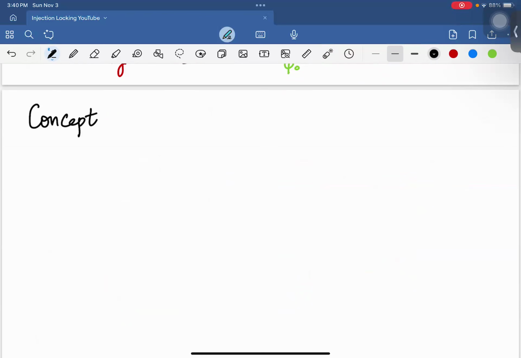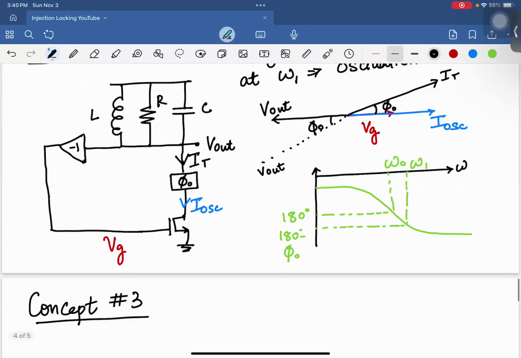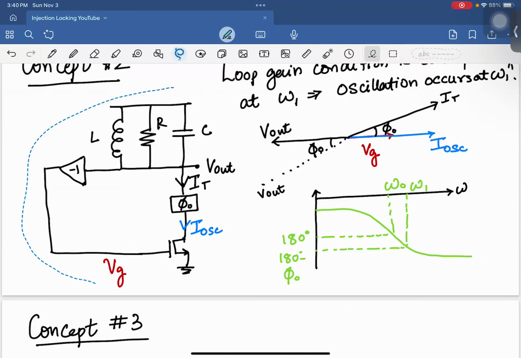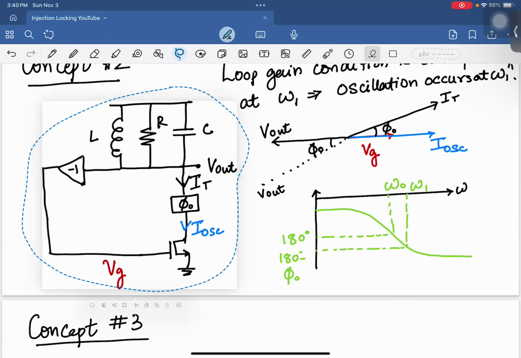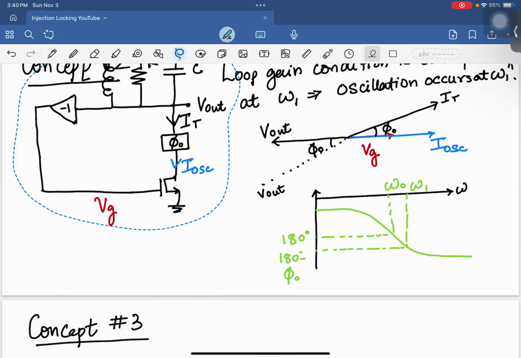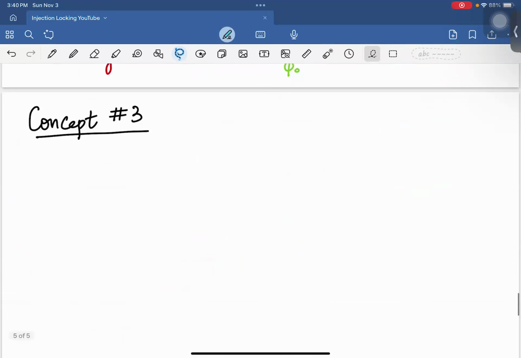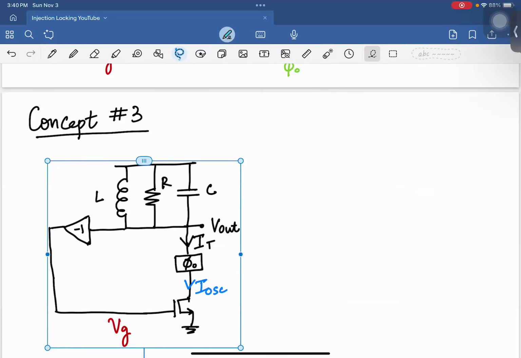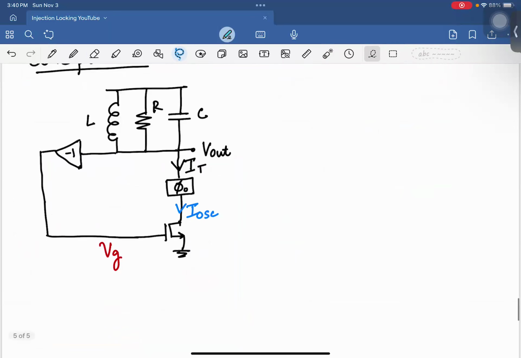Right, so we want to see, okay, what if we do actually introduce a phase shift between the two sides. So I'll again make a copy of this. Okay, so now what we want to do is introduce a phase shift by injecting a sinusoidal signal, an injection, into that node.